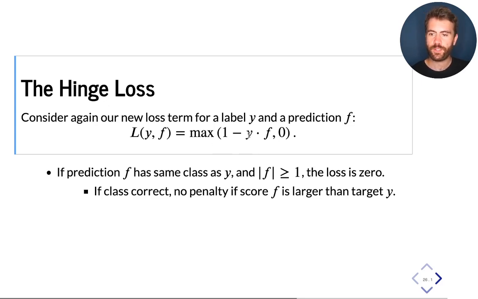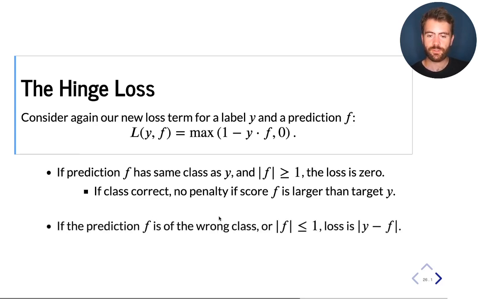And if y equals -1, then when f is -1 or smaller, this also equals 0. But now let's say that the true target is 1, but f is either below 0, meaning that it has the wrong class, or that it is below 1, which is our optimal prediction. Then this loss is going to be a non-zero positive number.